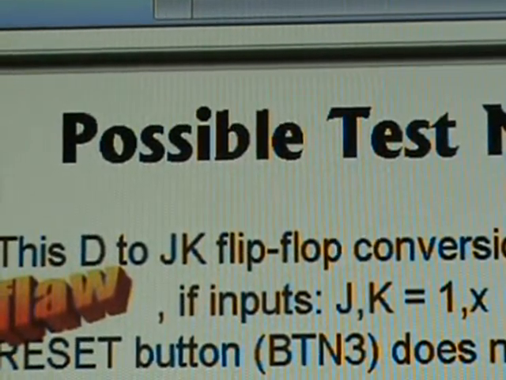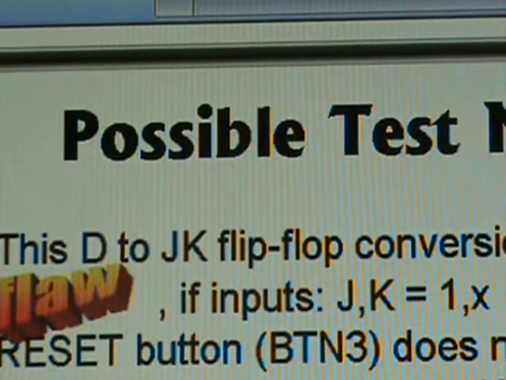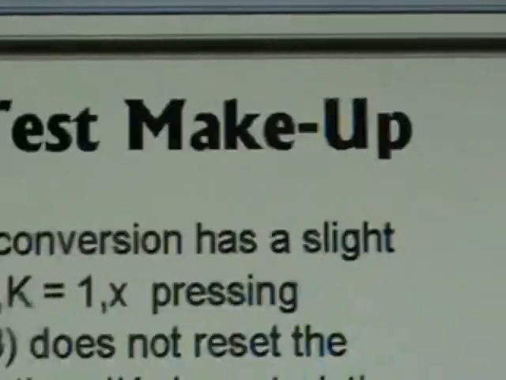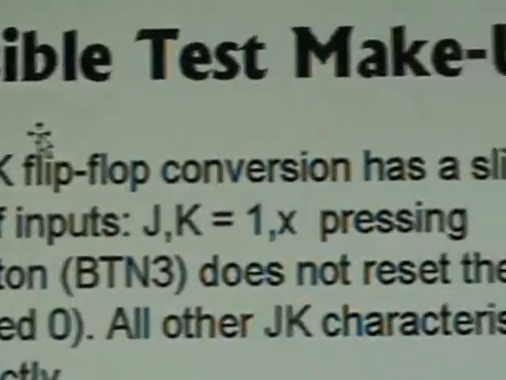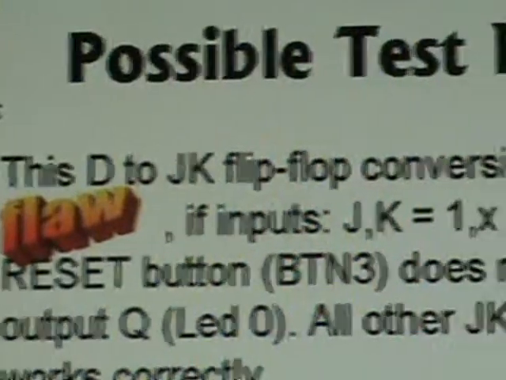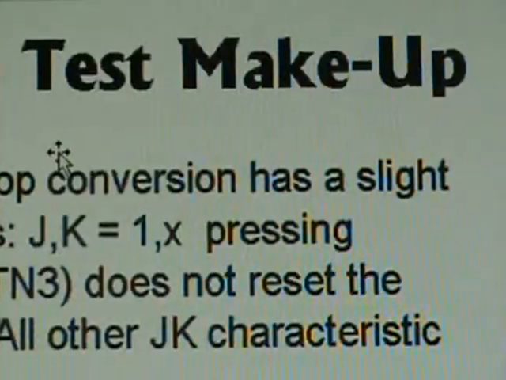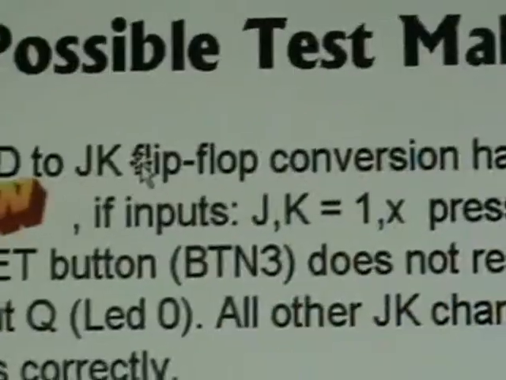But a small observation shows this data conversion, one input data line to be converted to input JK, meaning to say overall the input is JK, and we use the 1-bit input data to create that overall. It has a slight flaw though.